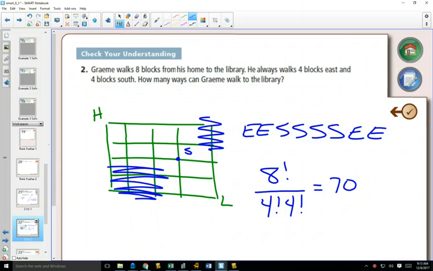So we could count it the counting way, right? We could say, well, there's 1 and 1 and 1 and 1 and 1 and 2 and 3 and 3 and 6 and 4, 10 ways to Sally's house. Still needs to get to the library. How many ways are there to this point right here?